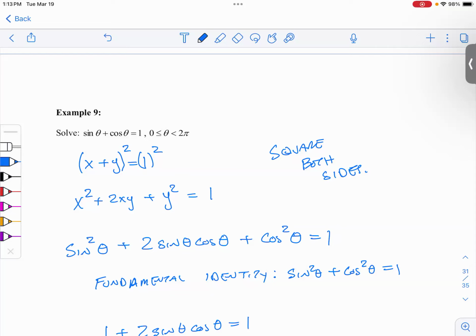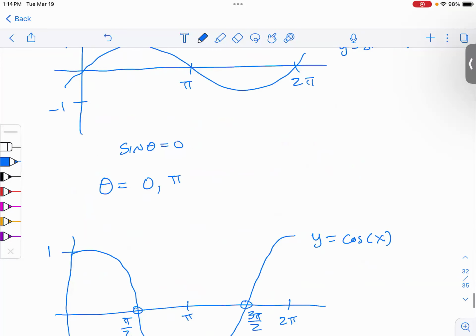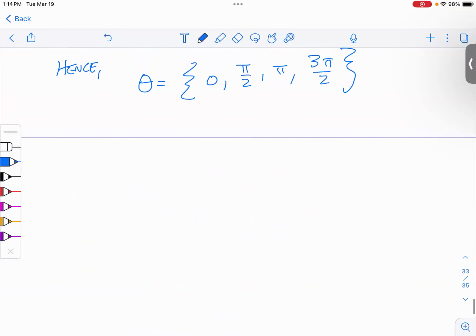When you square an answer, if you only had 2 solutions, how many solutions did you end up with? 4. It doubles, right? It's to the power of 2. If you were supposed to have 3 solutions, it would be 3 squared. You end up with 9 solutions, which means that we actually annoyingly, because we squared in order to get here.